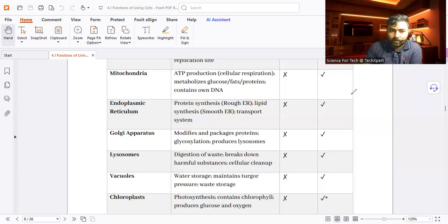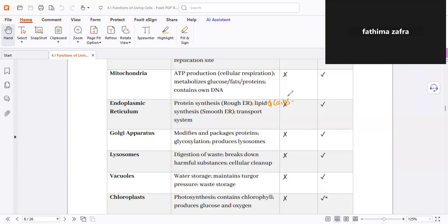Carbs means carbohydrate. Transport means it can transport the synthesized lipid and carbohydrate. Okay, sir. Done, sir.